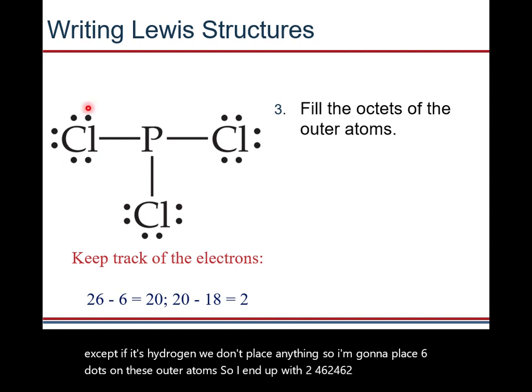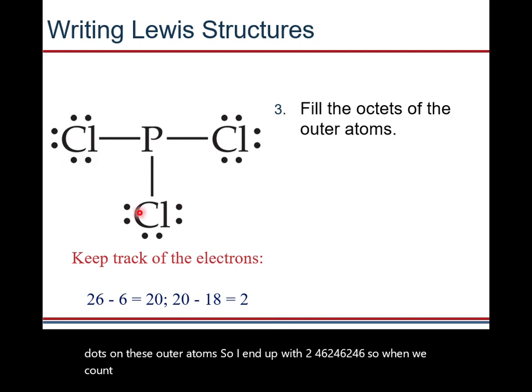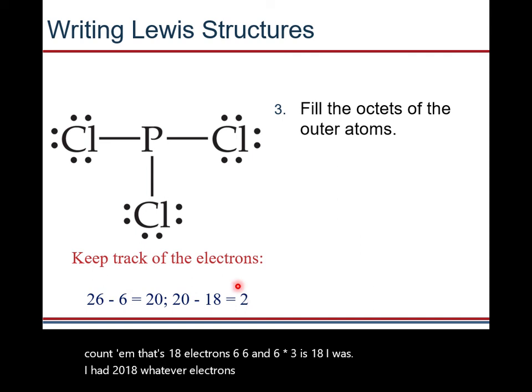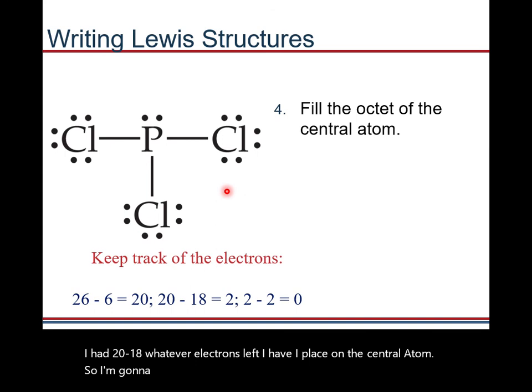When we count them, that's 18 electrons, 6 times 3 is 18. I had 20 minus 18. Whatever electrons I have left, I place on the central atom. So I'm going to put the 2 dots on phosphorus.